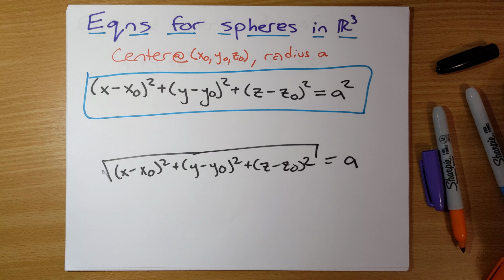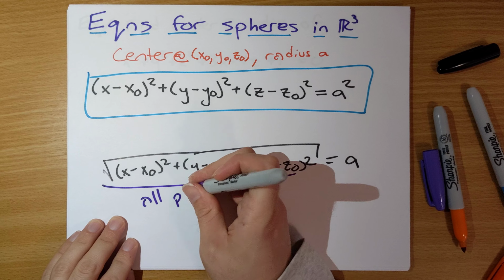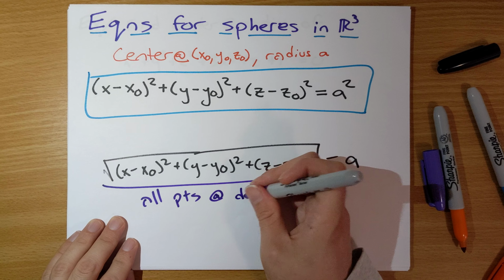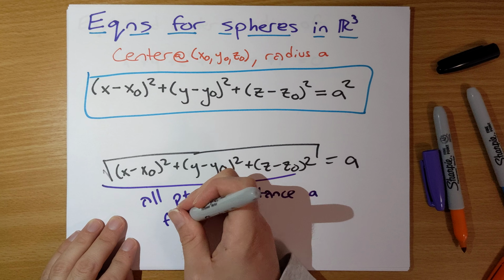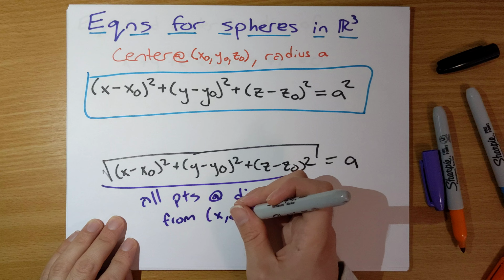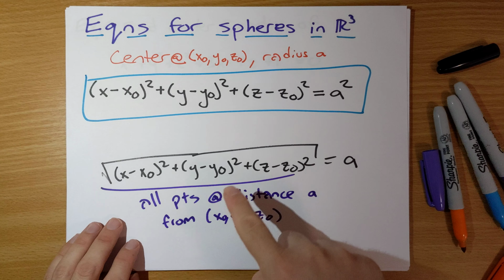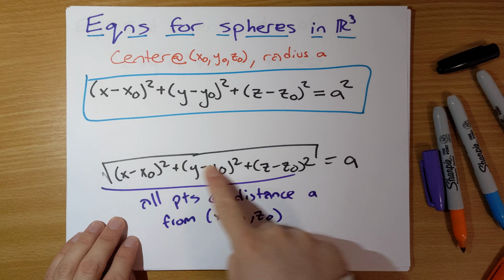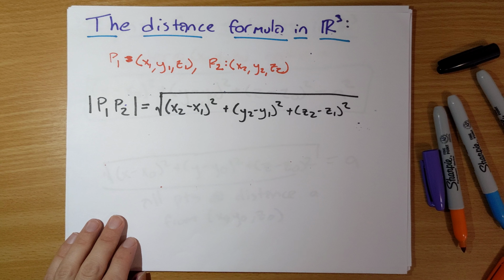So this is the set of all points at distance a from our center (x₀, y₀, z₀). We get this because we recognize it as coming from the distance formula in R³.